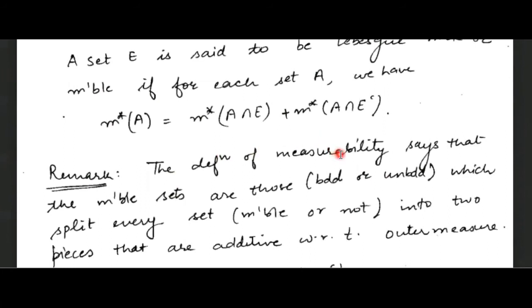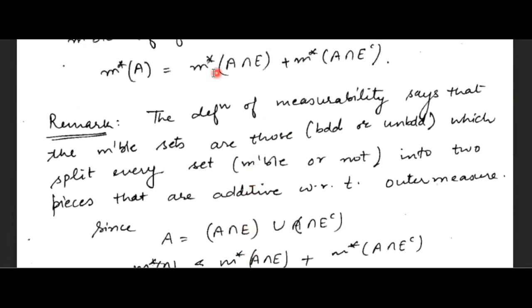The definition of measurability says that measurable sets are those, bounded or unbounded, which split every measurable set or non-measurable set into two pieces with respect to the outer measure.